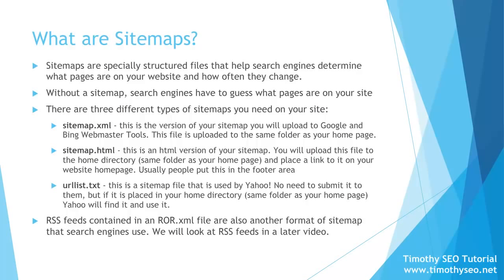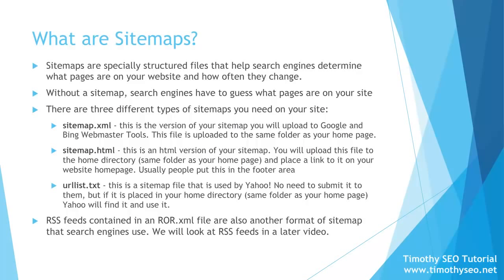And there are three different formats that your sitemap is going to need to be created in. And they each serve a very specific purpose. The first format that you need your sitemap created in is XML format. And the file itself should be called sitemap.xml.